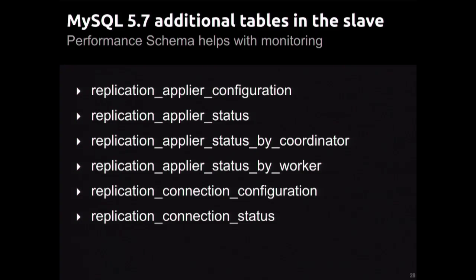That's not entirely true. You have the executed GTID if you are using parallel replication, because replication connection status gives you the information about what we have received, and replication applier status by worker gives you the information about what we have executed. However, if you are not using parallel replication, you don't have this information, and you need to rely on the variable GTID executed.